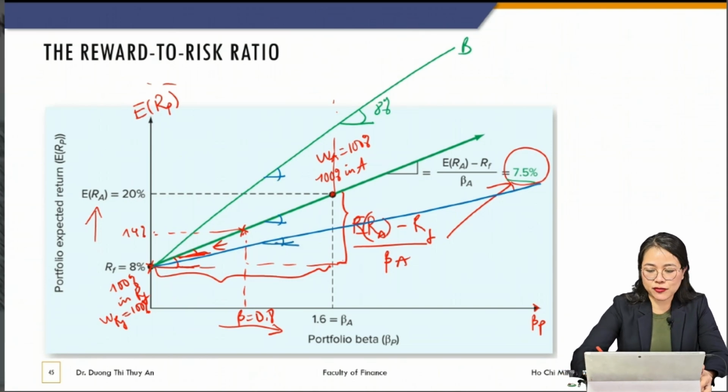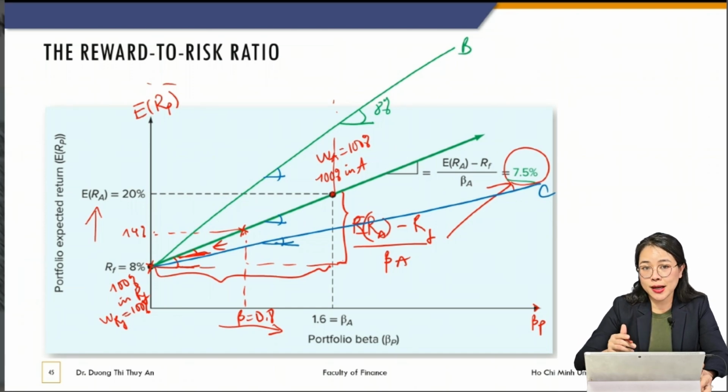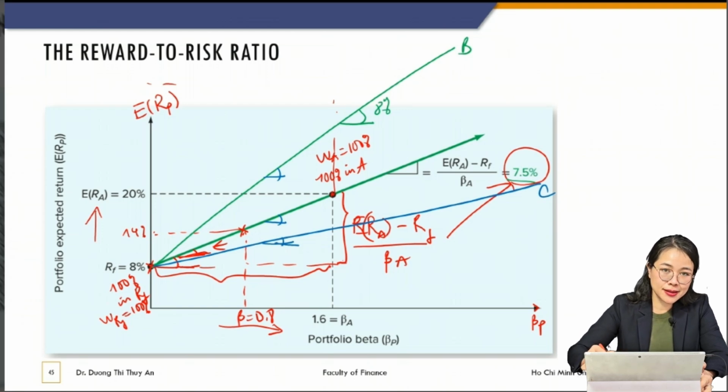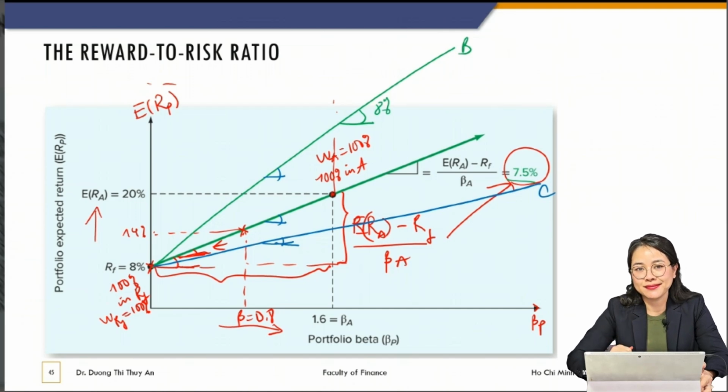We sell that asset. For example, this asset C, we sell it, right? And we drive the price down and the expected return of C goes up, right? And when will we stop doing so? When A, B, C meet each other at one point.